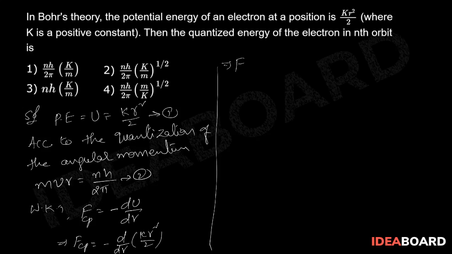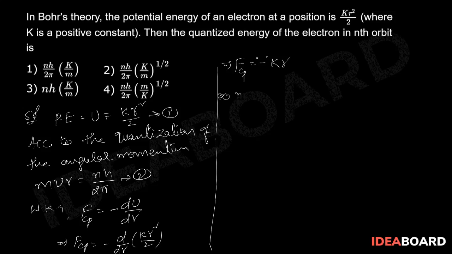From this we get minus kr. This negative sign shows that this centripetal force acts toward the center.